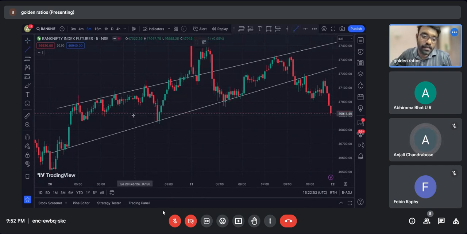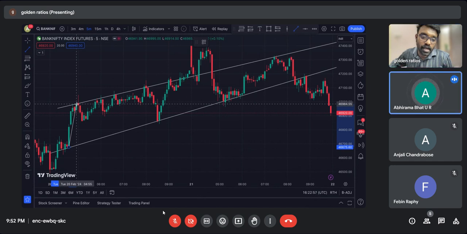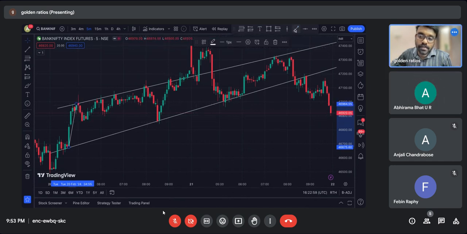How a trend line works: market was here, market went and touched here, and it got rejected. Again it came down, and it tried to move up. Again it got rejected in our line. So that indicates a resistance there, right? Yeah, again it went up, again it got rejected in that line.